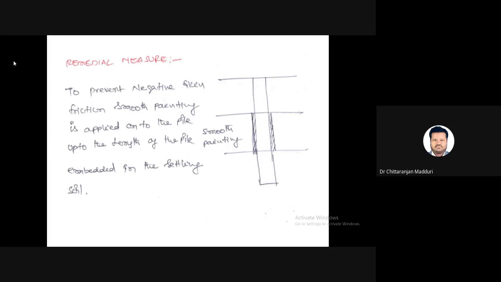Don't apply the paint on the remaining portion because it will decrease the positive skin friction. Where the compressible layer is, only that portion of the pile length is painted in order to decrease the negative skin friction.